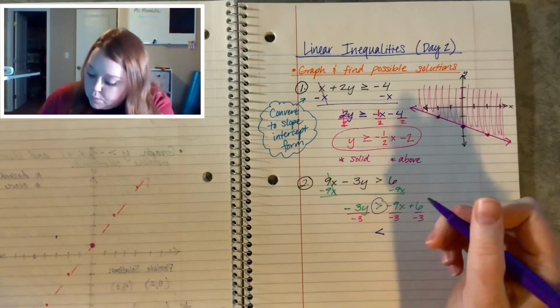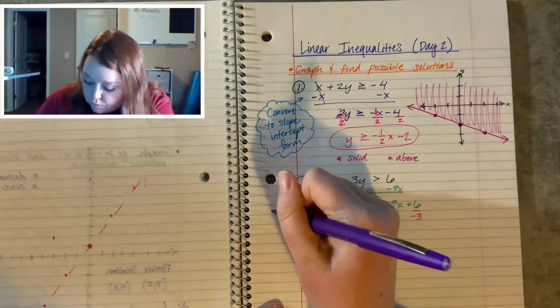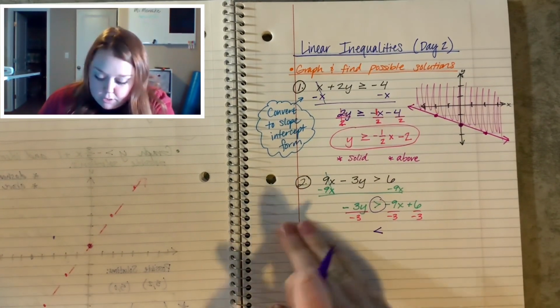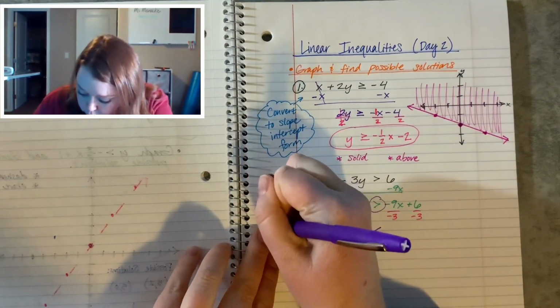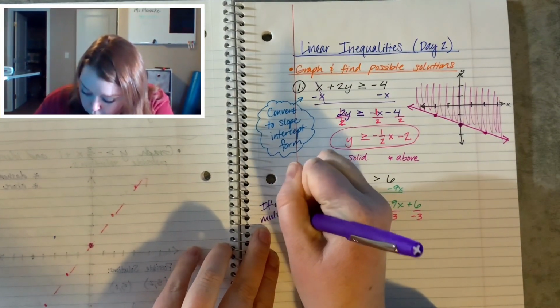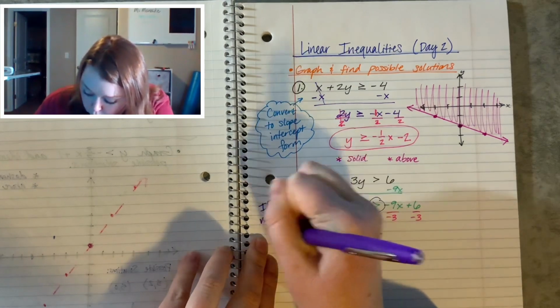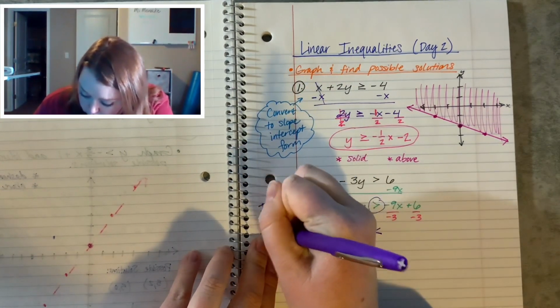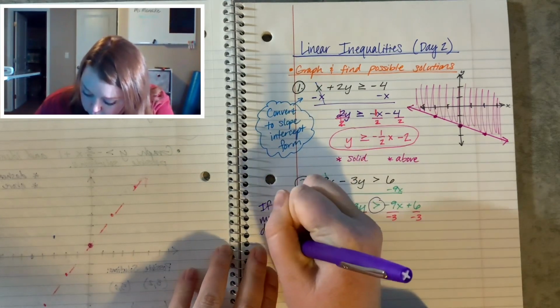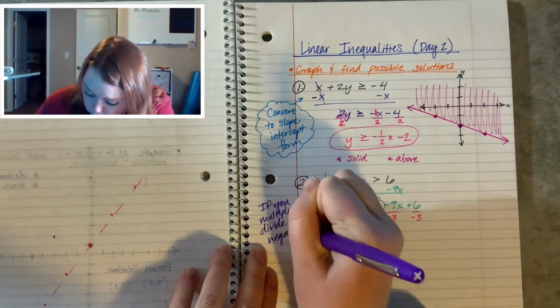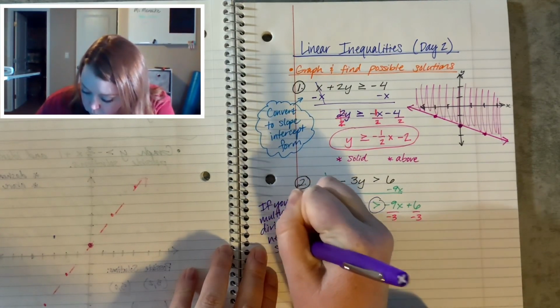Okay, so I think it would be good for you right now to make that a reminder off to the side. If you multiply or divide by a negative, switch the sign.